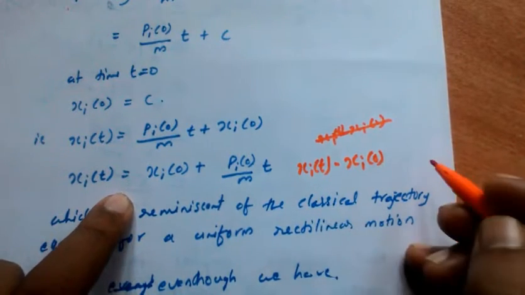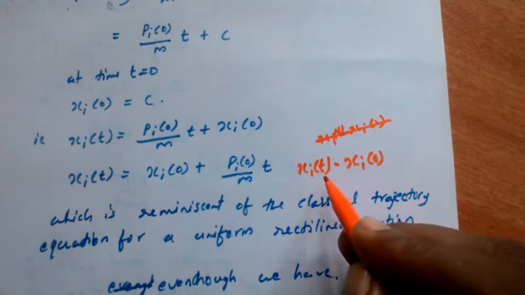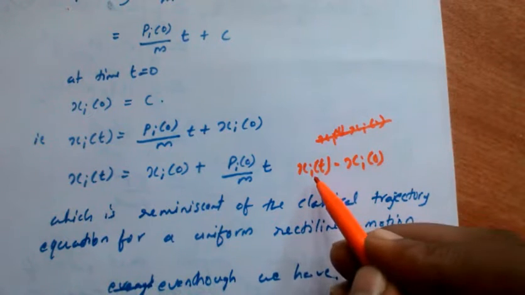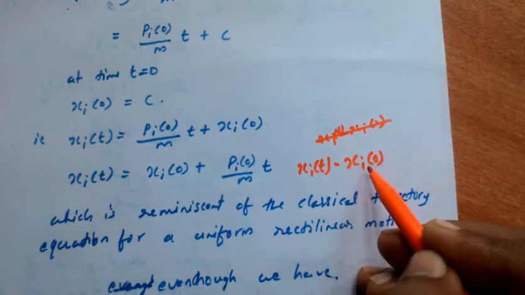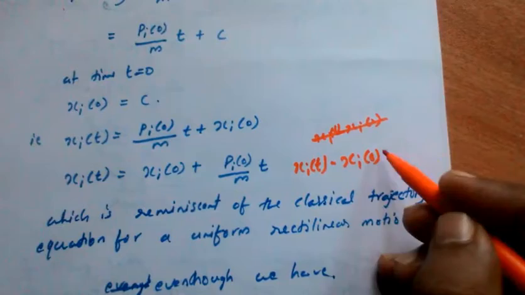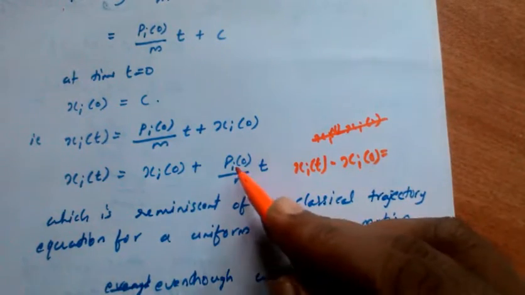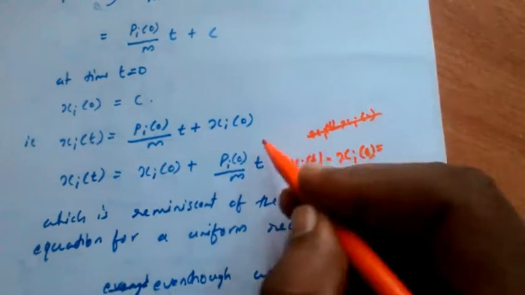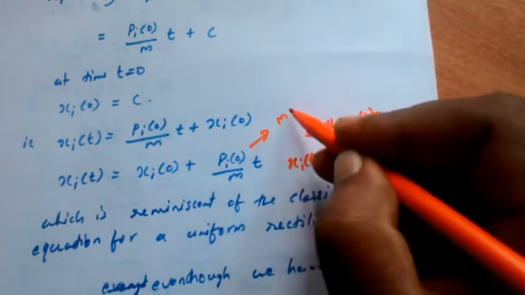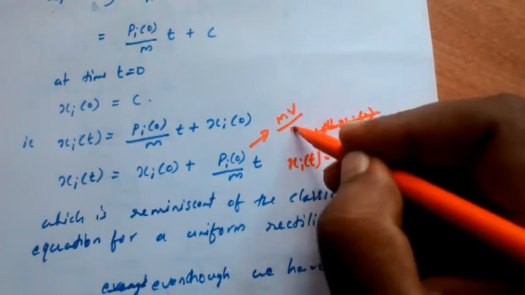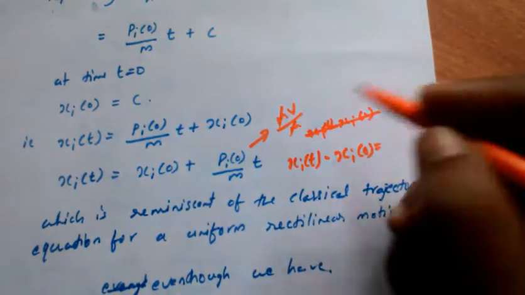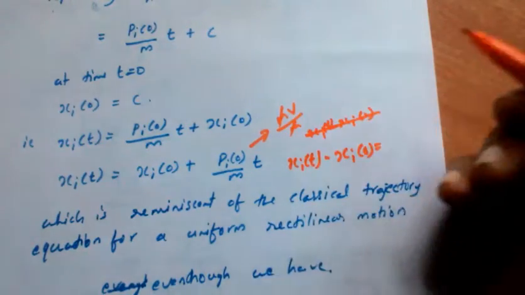If I am taking a classical mechanical situation, this is the position at time t, this is the position at time t equal to 0, and that is equal to p over m. Here p is mass into velocity, over m, so m and m get cancelled, and this is velocity into time.